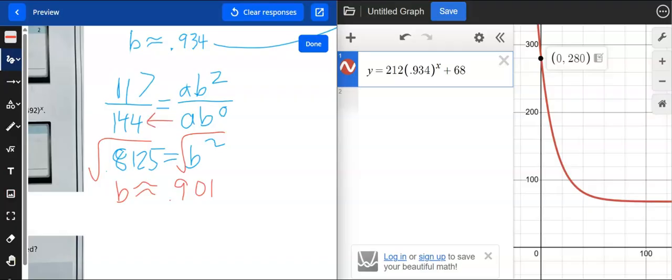We can see here that 144 is our value, so we'd have 144 times 0.901 to the x power, and then we have that plus 68 at the end.